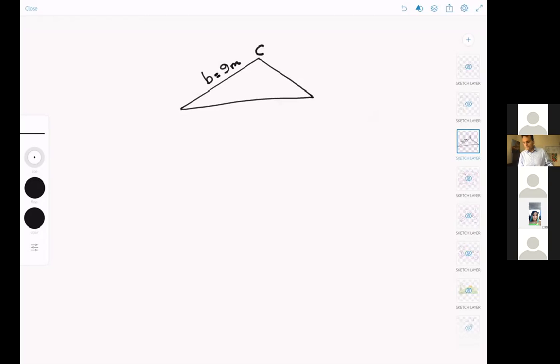This is C. This is A. That's B. So solve.